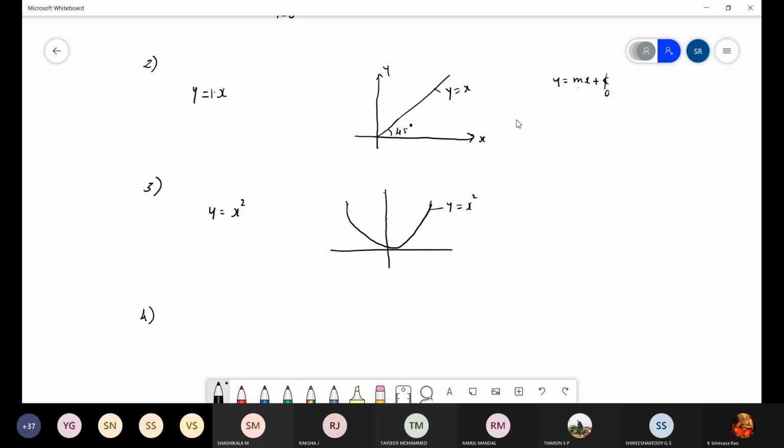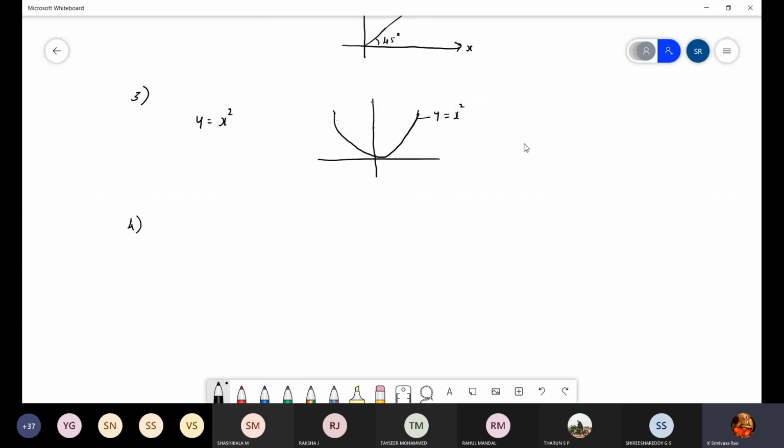Similarly, x is equal to y square. This represents a parabola opening sideways. Yes, it is symmetric about the x-axis.